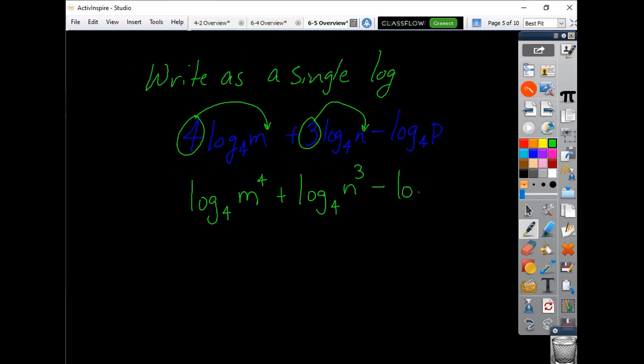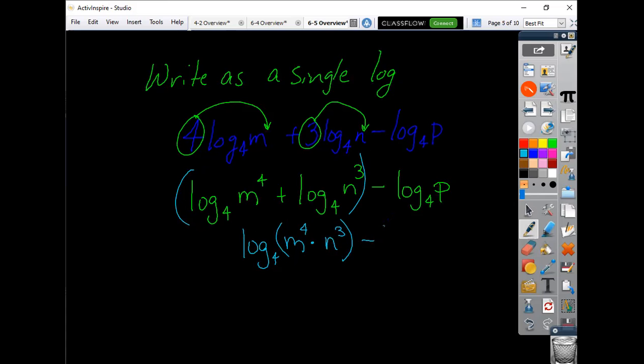And then my minus log base 4 of p. Now I would take these two together first to write a product. So it's log base 4, because they're adding, so remember, that would be these two multiplied together like that.